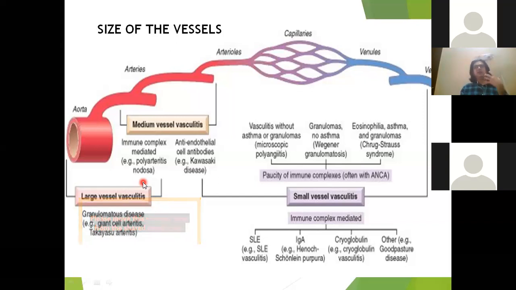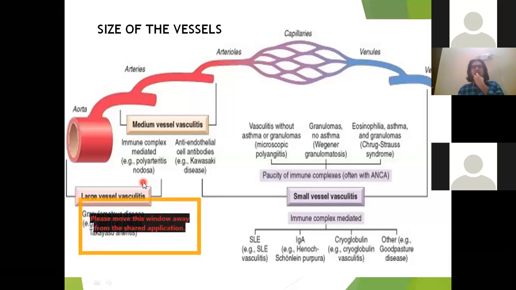And then there would be fever and systemic symptoms. So fever, systemic symptoms, joint pain, headache, jaw claudication. That is, the patient will say that when I chew, there is pain in the jaw. It's called jaw claudication, right?